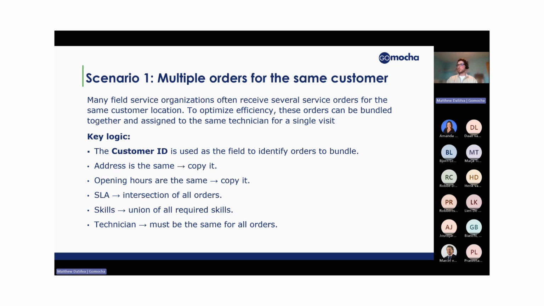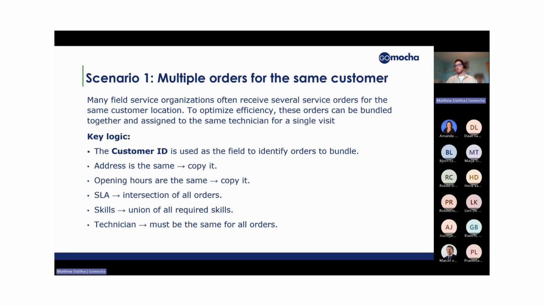And inside of the project, you can have multiple orders depending on what you need to do at the customer location. So when the orders are bundled, the address is the same, of course, because the customer is the same. So the address is passed from the order to the project. The opening hours are the same. The SLA is the intersection of all orders.